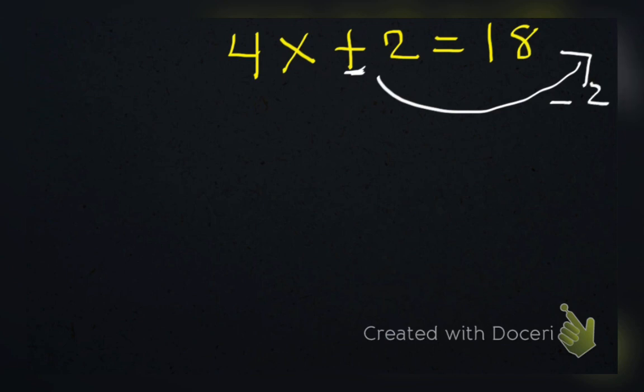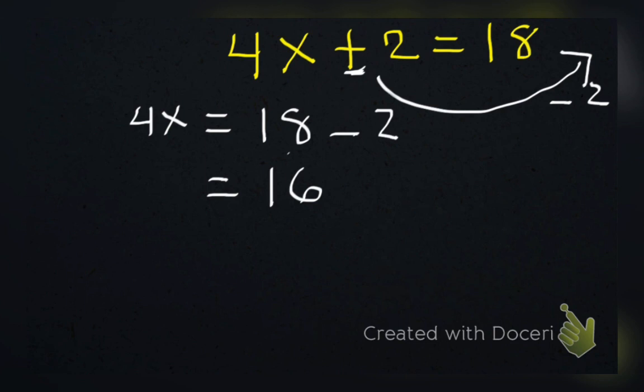So let us bring down 4x equals 18 minus 2. So minus 2. Now 18 minus 2 equals 16. So let us bring down 4x. So we want to get x by itself.